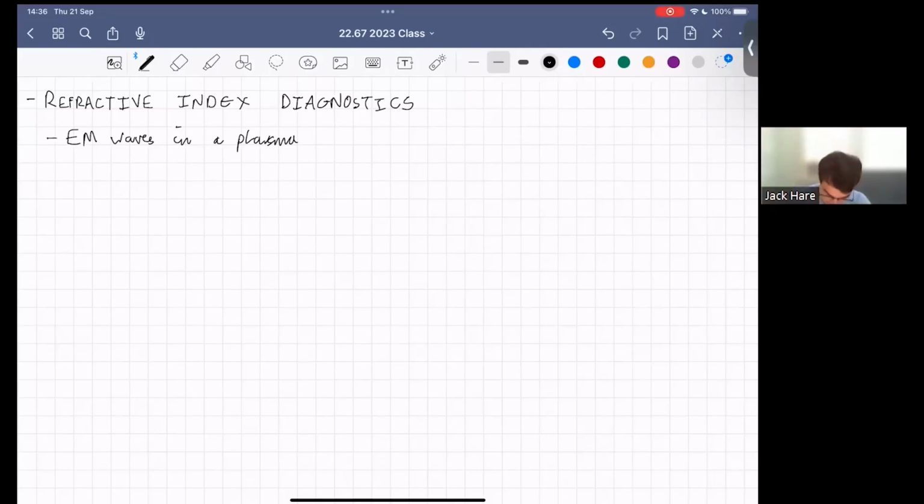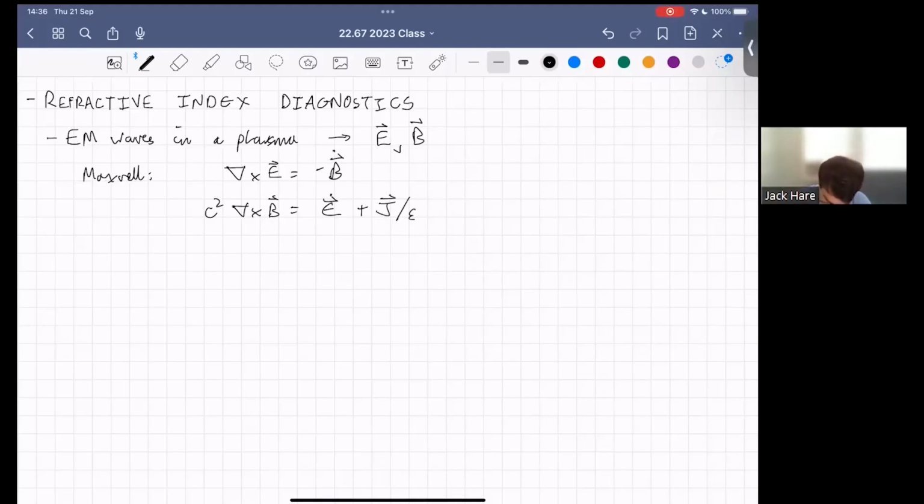Okay, so for our electromagnetic waves in a plasma, we have two fields, E and B, and we have Maxwell's equations. So we have that the curl of E is equal to minus B dot, and we have c squared times the curl of B equals E dot plus J over epsilon naught.